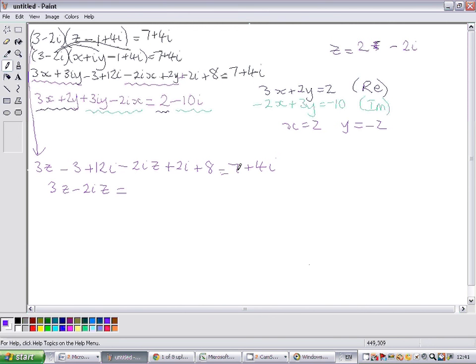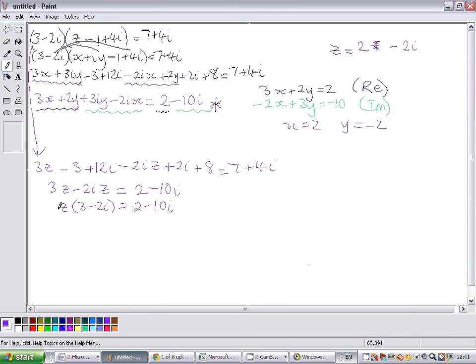Take that over, it's minus 10i. So you can see we're at the equivalent of this stage. Now what I'm going to do now is take that z out as a factor on the left hand side. So a complex number multiplied by 3 minus 2i gives us 2 minus 10i.